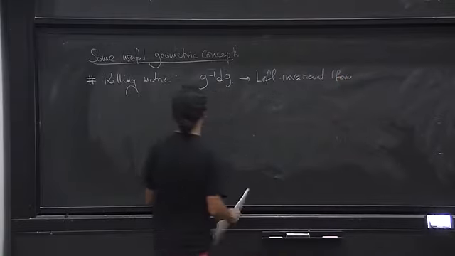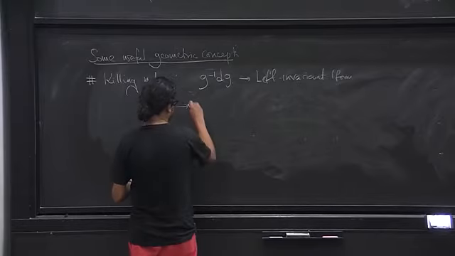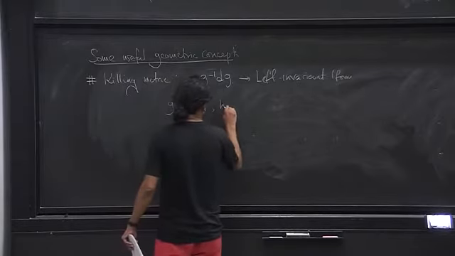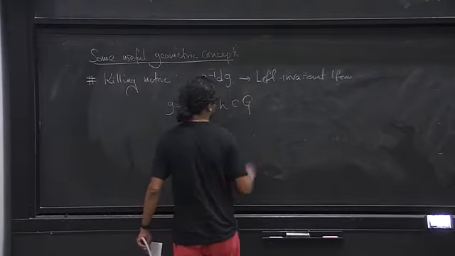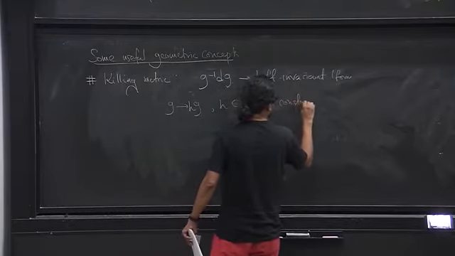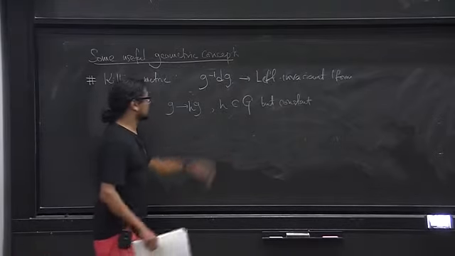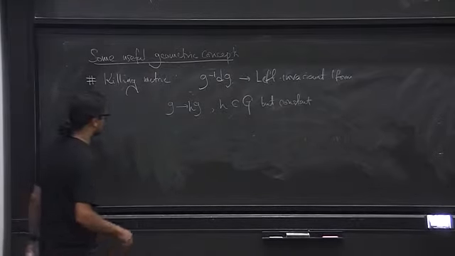It derives its name from the fact that if you replace G by H times G, where H is in the Lie group but constant, meaning that the derivative operator doesn't act on it, then this object is invariant under this transformation.